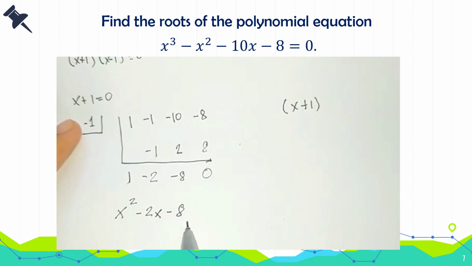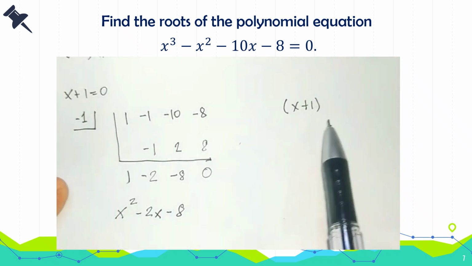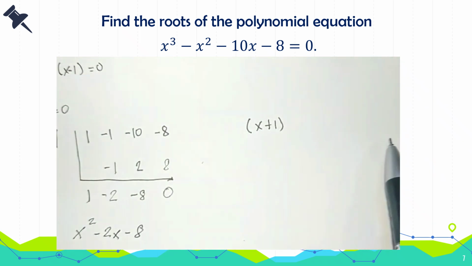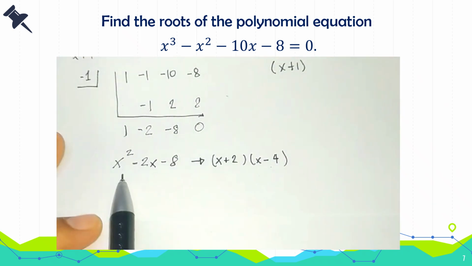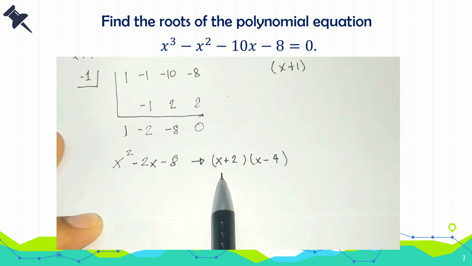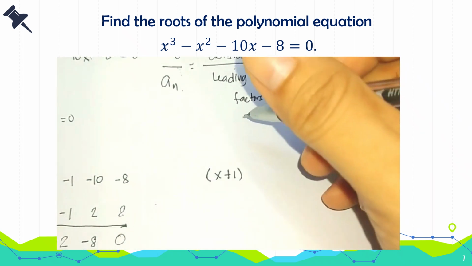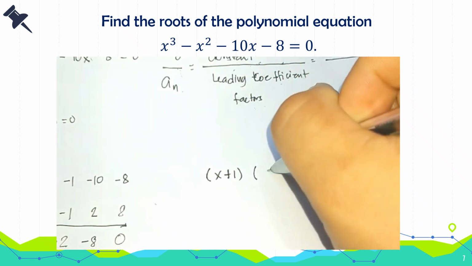Since x plus 1 here is a factor, now let's factor this out completely so that we can list down all of the factors of the polynomial. Factoring x squared minus 2x minus 8, this will give us the quantity x plus 2 and the quantity x minus 4. Let's list now all of the factors.